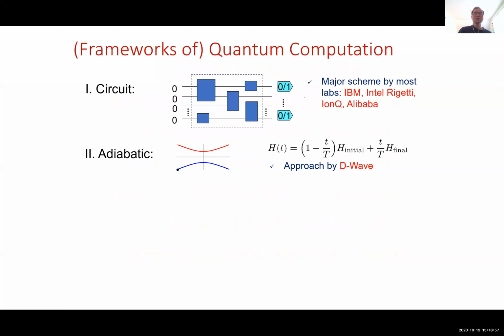And this is what we're going to talk about today, the adiabatic, which basically uses a Hamiltonian. So this is closer to quantum mechanics than the other models. Closer to the essence of quantum mechanics, by really just evolving the Schrödinger equation.